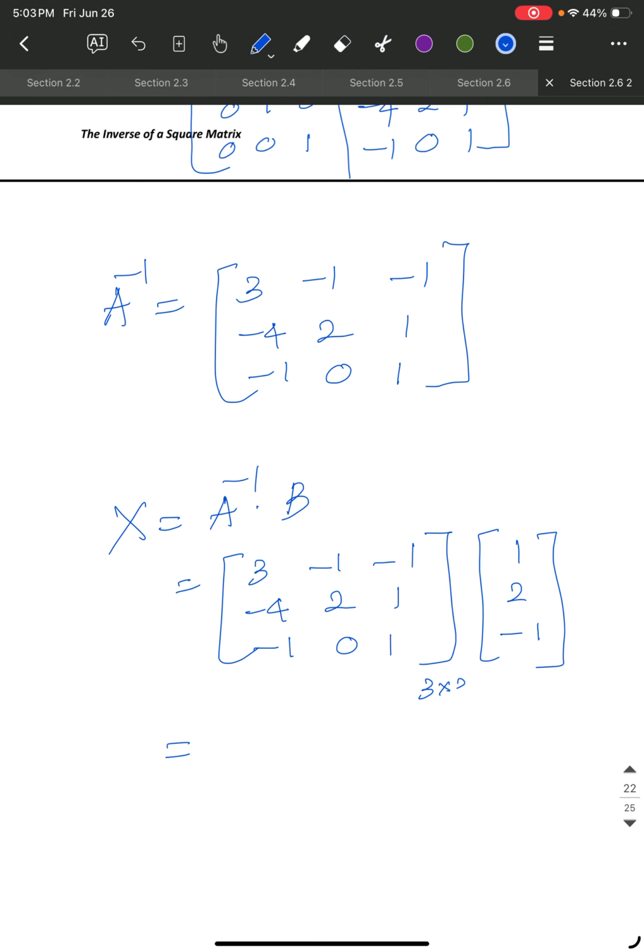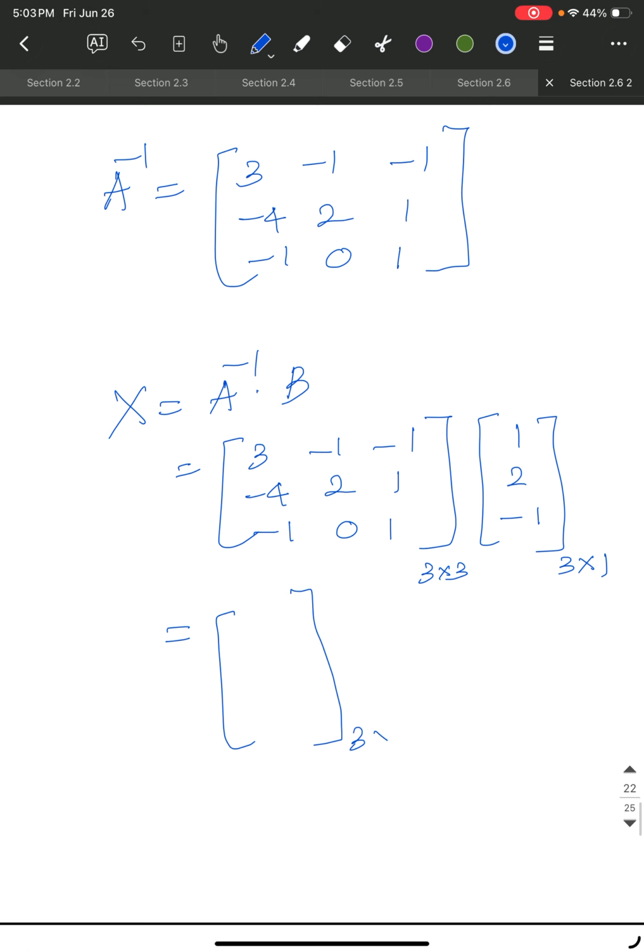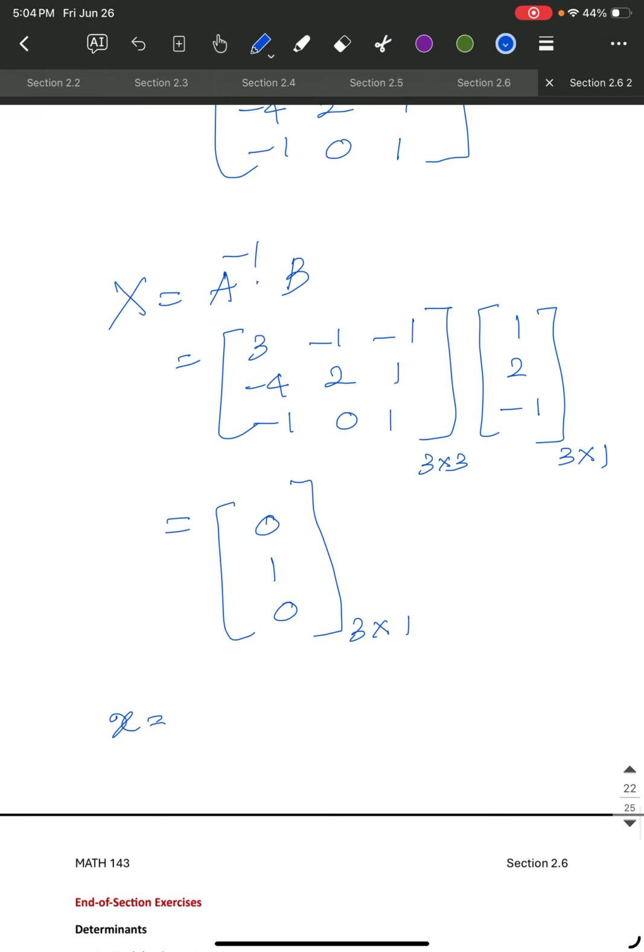Matrix multiplication, 3 by 3 times 3 by 1, definitely will give us a 3 by 1. It should be 0, 1, 0. That means x equals 0, y equals 1, and z equals 0. The solution set.